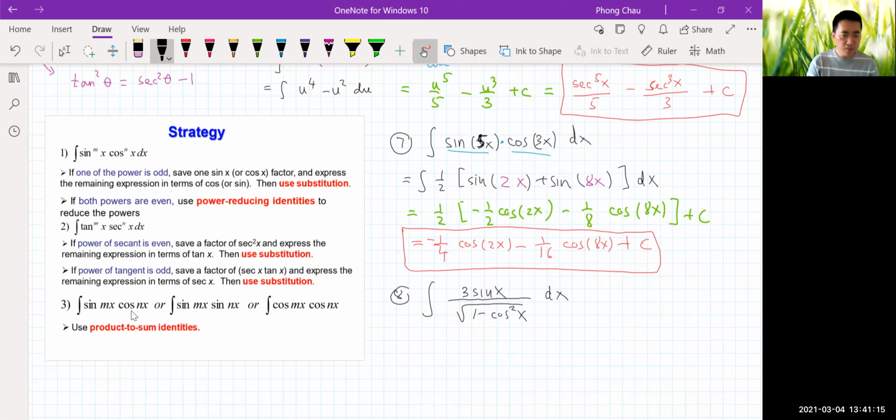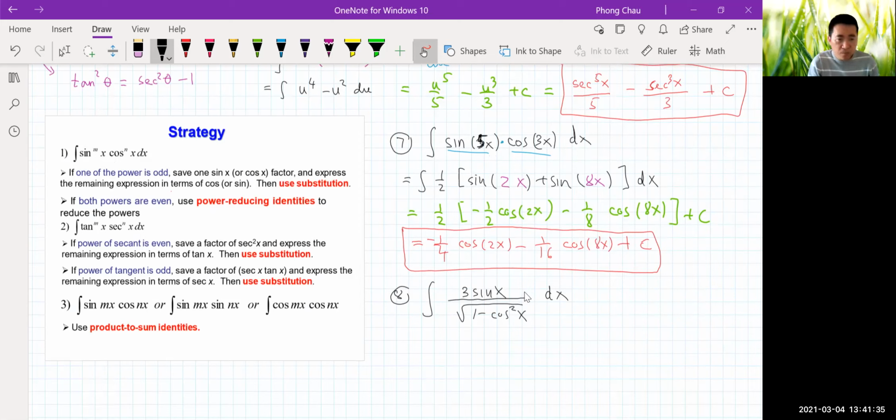Sine mx and cosine nx, okay, so that's number 7, that's what we use. Notice that 7 is not the same as the number 1 type problem because the arguments 5x and 3x are not the same, so you cannot use substitution.